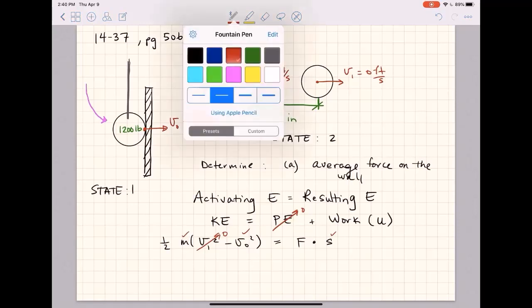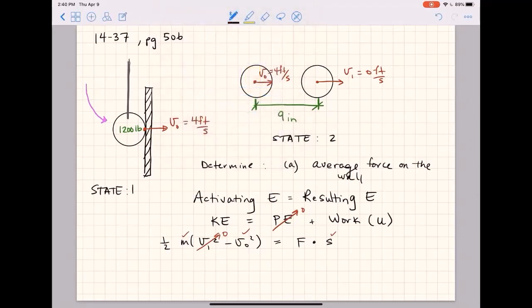So let's sub in for these values. So 1/2. Well, again, we have 1,200 pounds. So remember, I'll put that up here for weight. Weight is equal to mg. So therefore, our m value is equal to w over g. So we can put that in here.